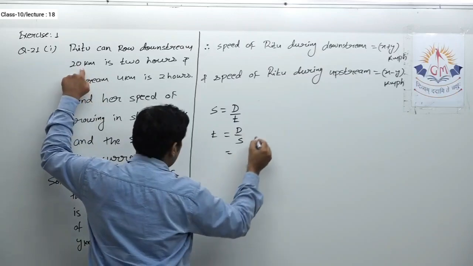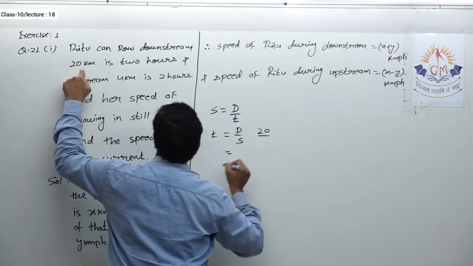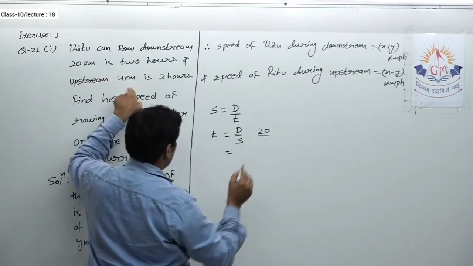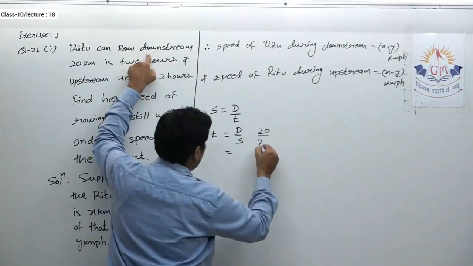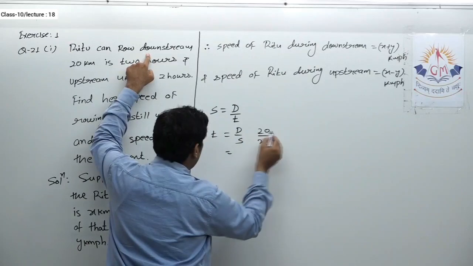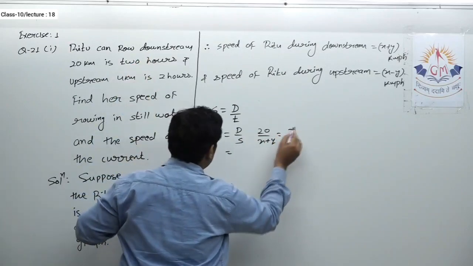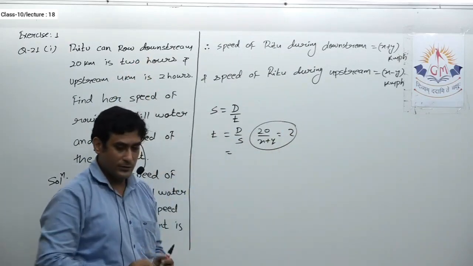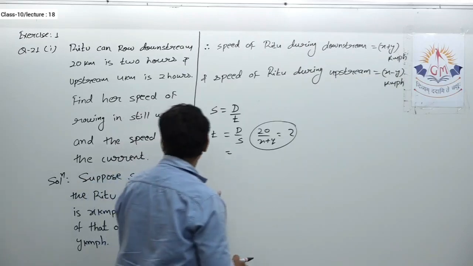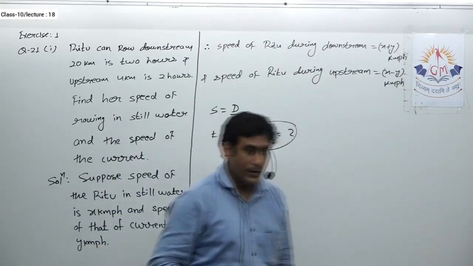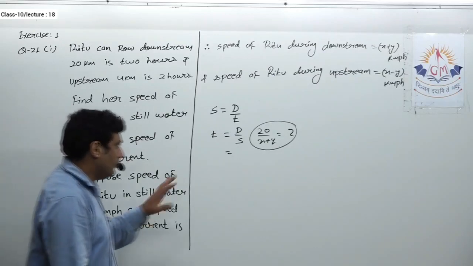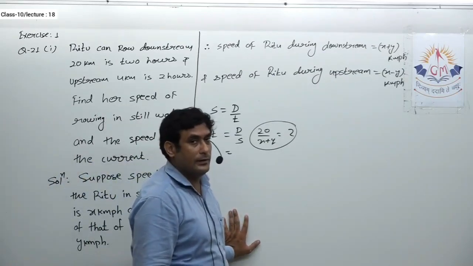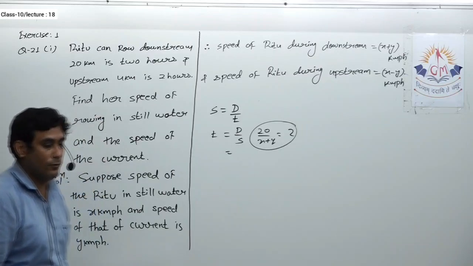Distance in the first case is 20, speed during downstream is x plus y, and time is 2 hours. In this way we get our first equation. So try to obtain the equations and then I will give you the remaining solution.